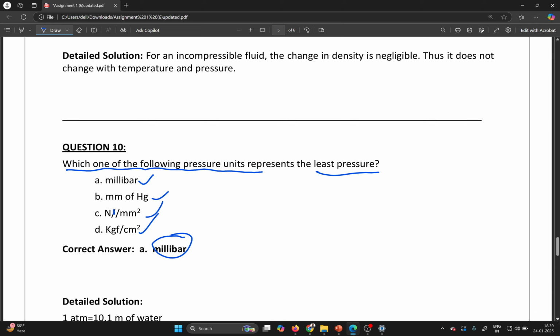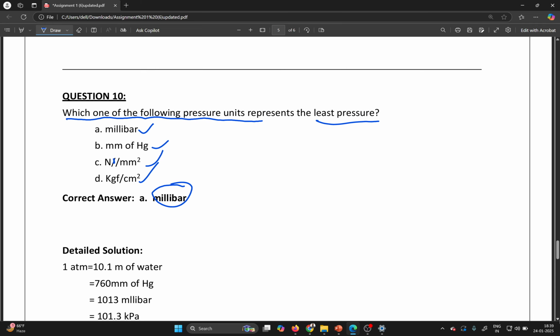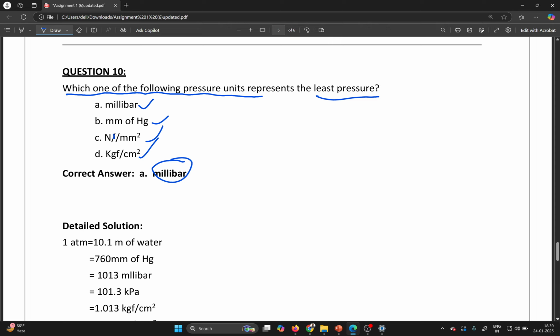The next question. Here you can see the answer. 1 atmosphere is equal to 10.1 meter of water, 760 mm of Hg, 1013 millibar, 101.3 kilopascal, and 1.013 kgf per centimeter square.